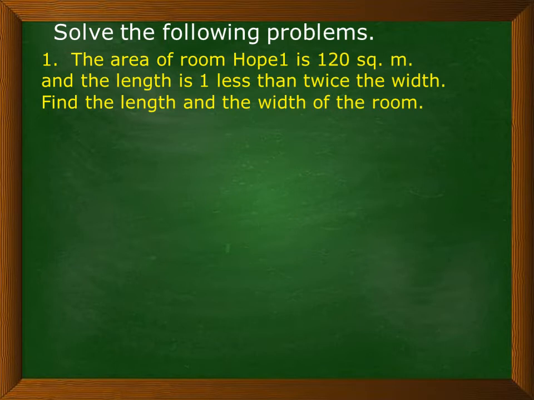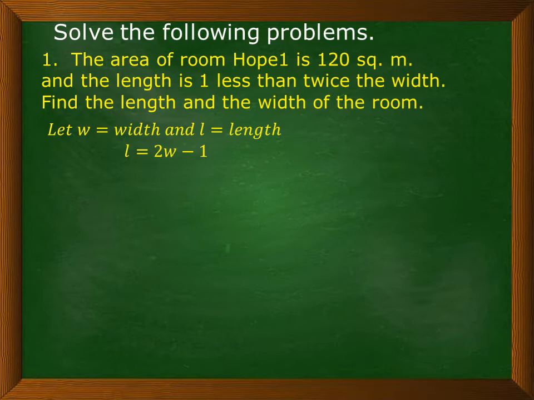Okay, so in this problem, we need to let W equals width and L equals length. And since it is stated in the problem that your length is 1 less than twice the width, it will be in symbol, L is equal to 2W minus 1.